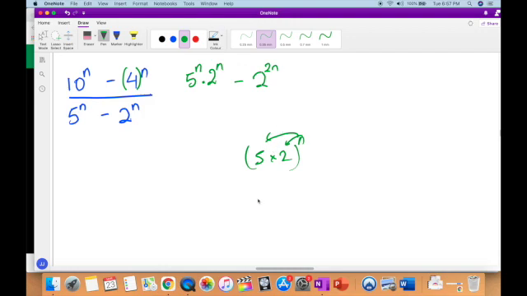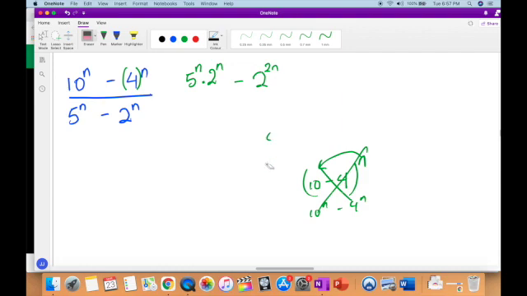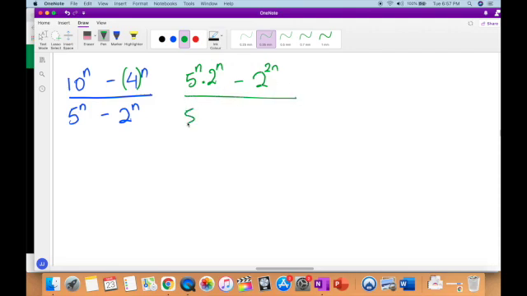But if it's 10 minus 4, all to the power of n, I can't say that is 10 to the n minus 4 to the n. No, that doesn't work. It has to be a multiply or a divide, in terms of your laws of indices. Okay? So I have that there now, right? Divided by 5 to the n minus 2 to the n. Well, look at that. Things are starting to look a little bit familiar now, aren't they?